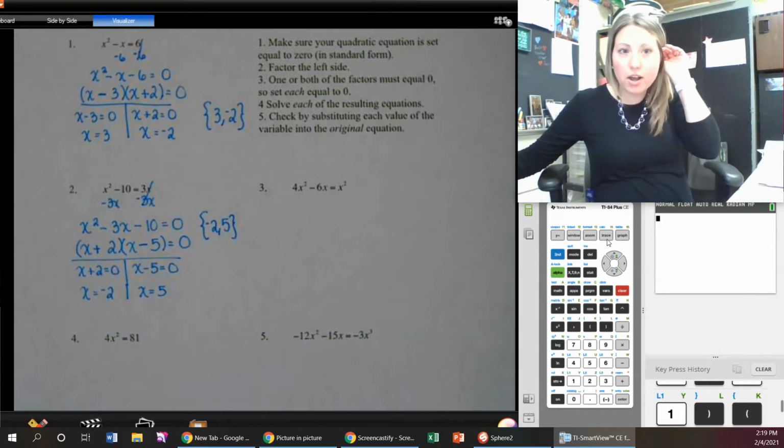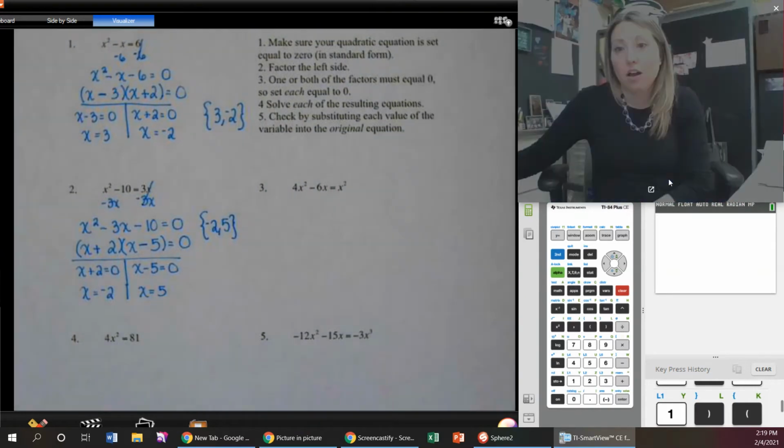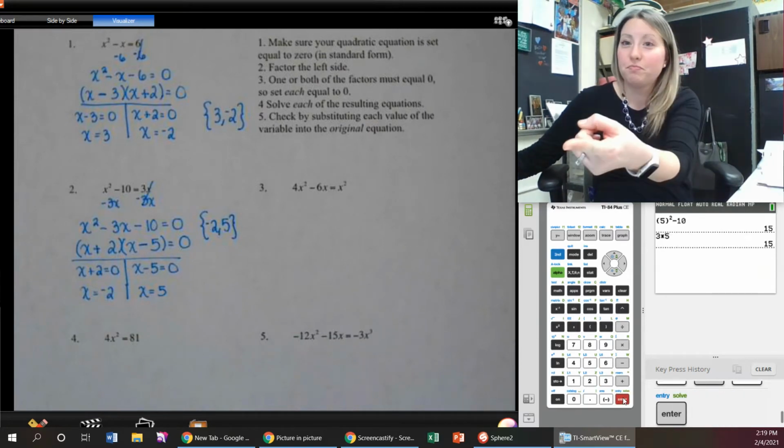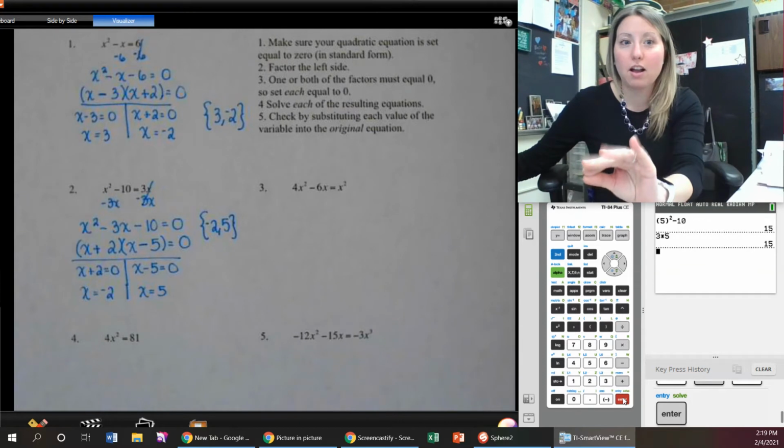Let's check real quick. So let's see. 5 squared minus 10 should be the same as 3 times 5. Checked, right? I got both sides there.